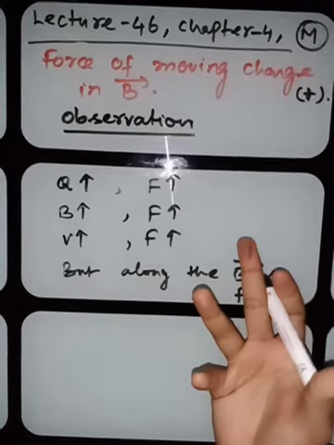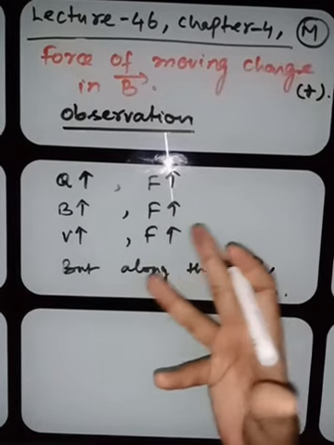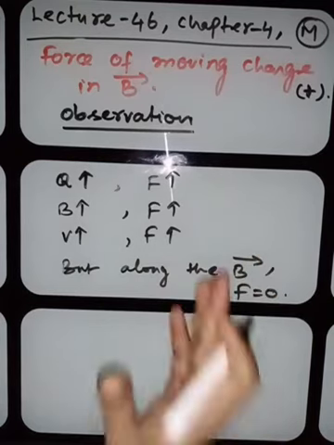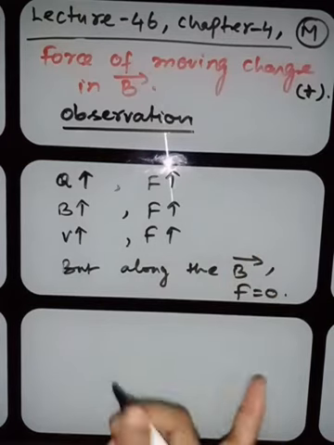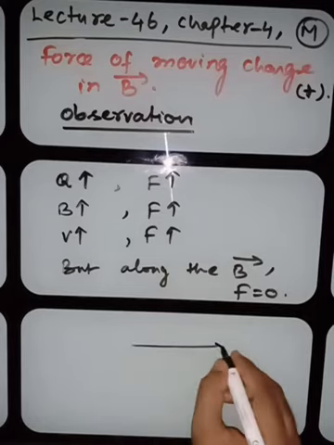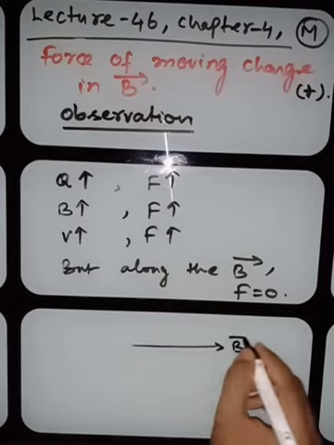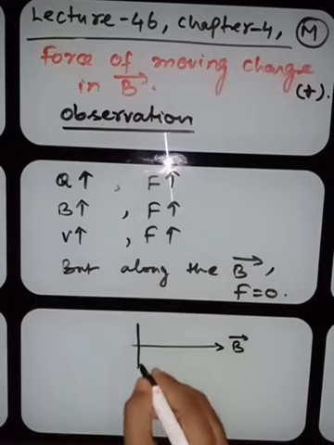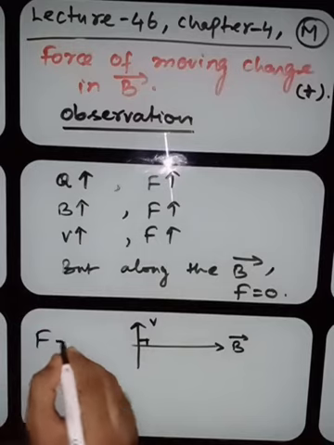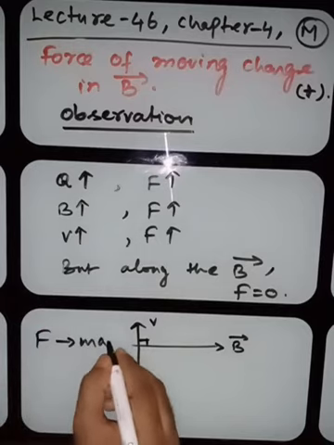My dear students, what I am telling here is, it was found that perpendicular to the magnetic field, if this is the direction of magnetic field and the charged particle is projected in this direction, V, perpendicular, the force was observed as maximum.